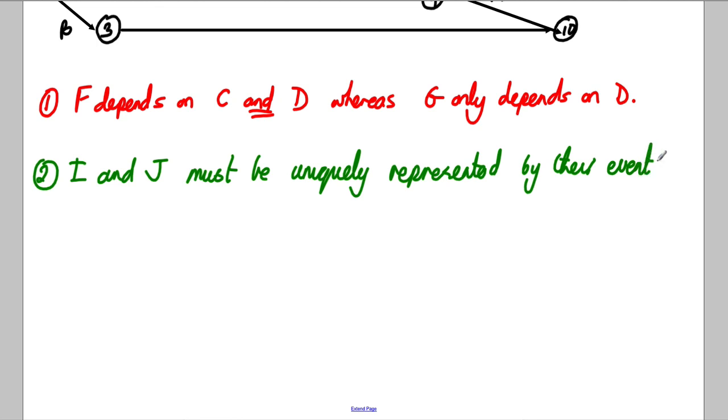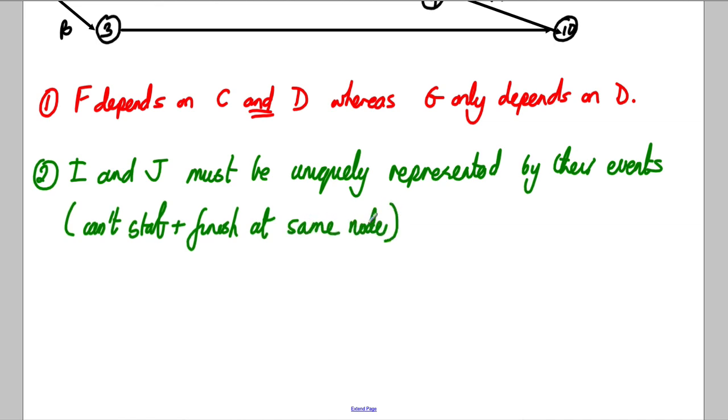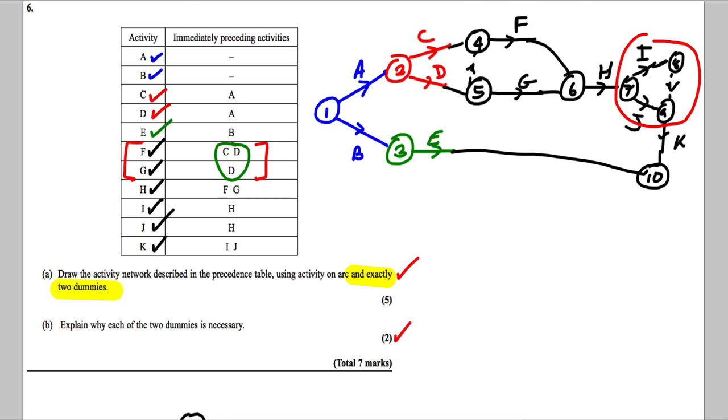And by that, I'm just going to put in brackets, you have to write that line there. Can't start and finish at the same node. Okay, and that's it for this question. Nice, good 7 marks.